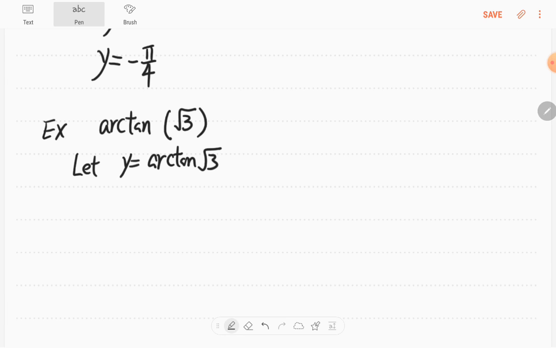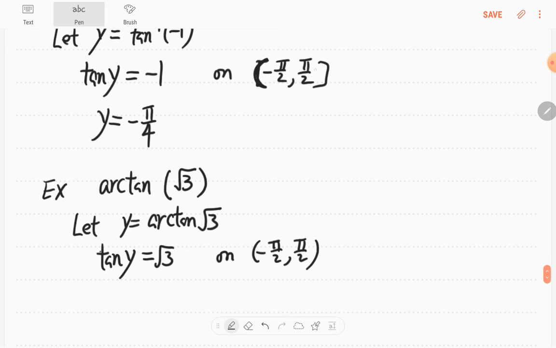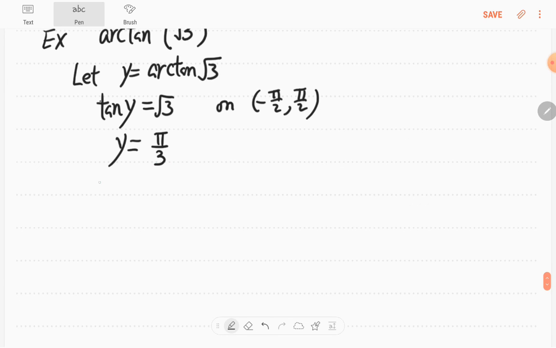That means tangent y should be equal to square root 3 on the interval from -pi/2 to pi/2. Sorry, I should use parentheses because tangent at the endpoints is undefined. So what is this angle? This angle should be pi/3. So arctangent of square root 3 should be equal to pi/3.